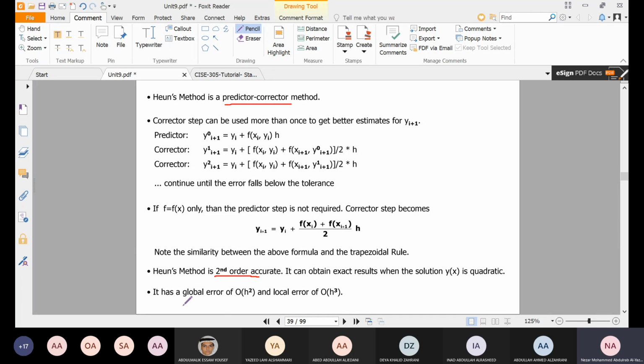If we compare this with the Euler method, in the Euler method we have the global error of order h. And the local truncation error in Heun's method is O(h cubed), while in the Euler method we have h squared. So this method can help to enhance the accuracy.